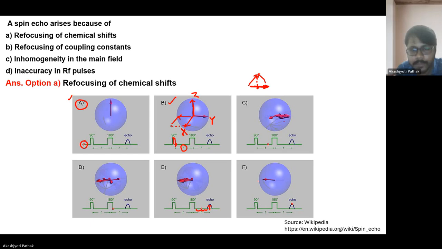They were dephasing, I inverted them, so they are coming back to their original position because of the inversion. They start coming close to each other, and at this point all the nuclear spins have come together, and that is where you get the highest intensity of your signal.